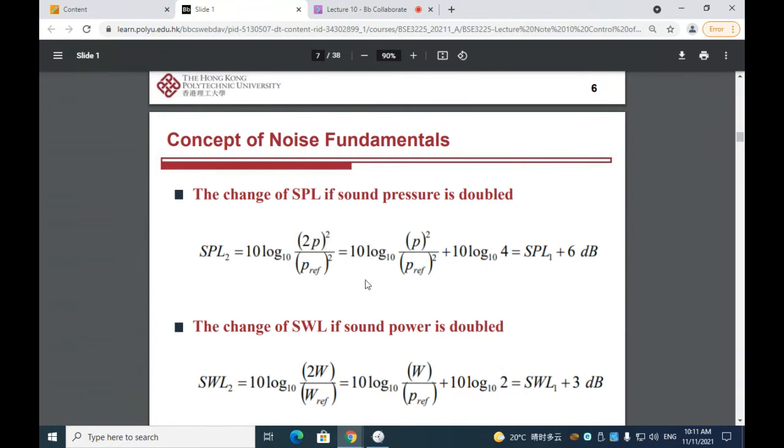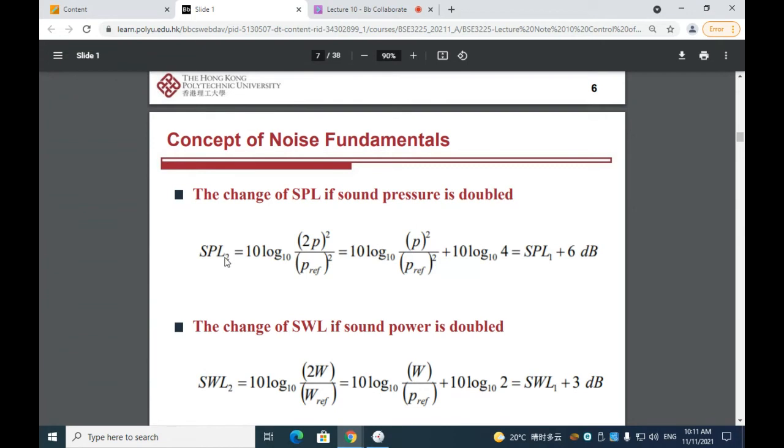The first term is the sound pressure level corresponding to this specific pressure, and the second term is calculated to be 6.